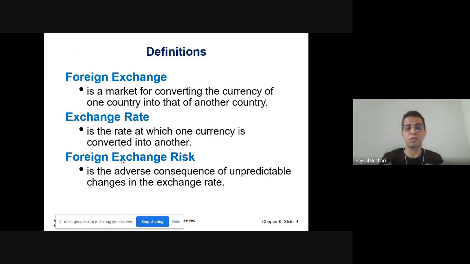But when I sold the house and took the money out of the country, it did not raise extra cash over whatever I paid for it. Sometimes locally you might have something that increased in price, but internationally it's not affecting the level of prices. So it is the adverse consequences of unpredictable change in the exchange rate.